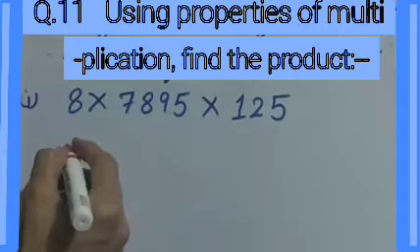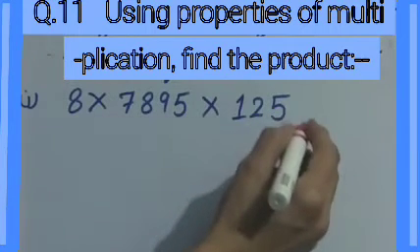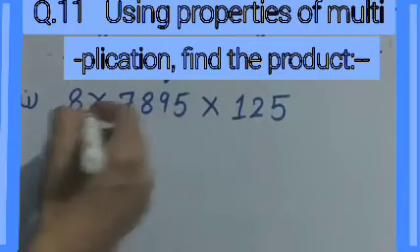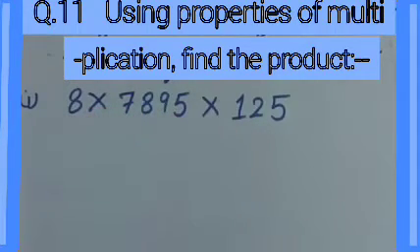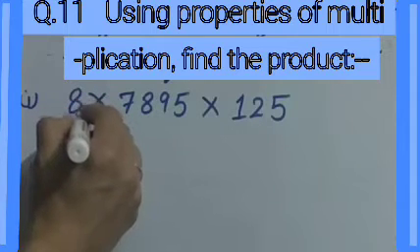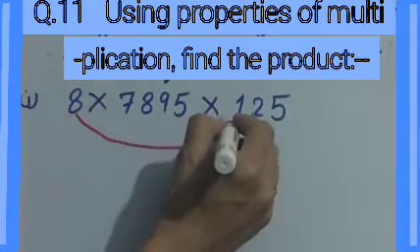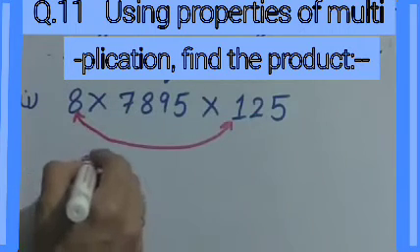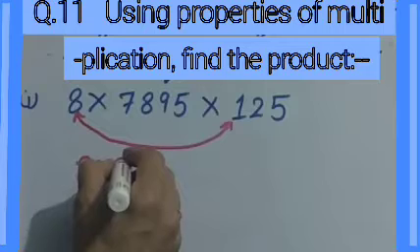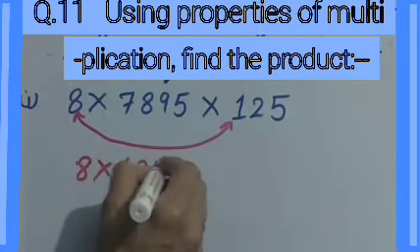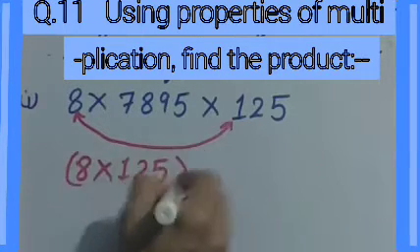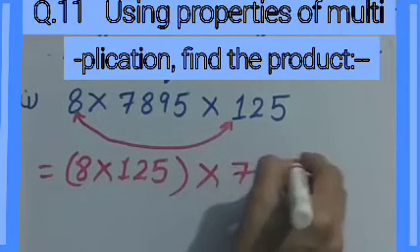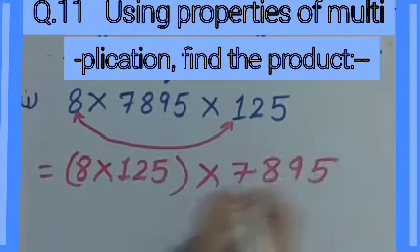Here I'll use the associative property of multiplication, because the same operation, multiplication, is given. To make my calculation easy, I'll make a group of these two numbers and write them in a bracket. So 8 multiplied by 125, in the bracket, multiplied by 7895.